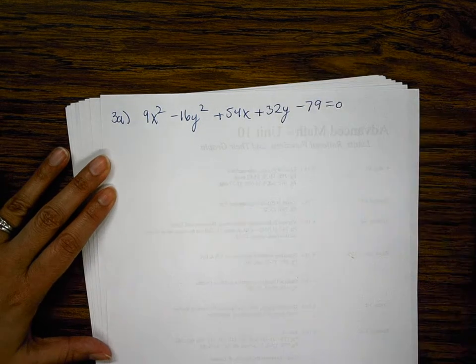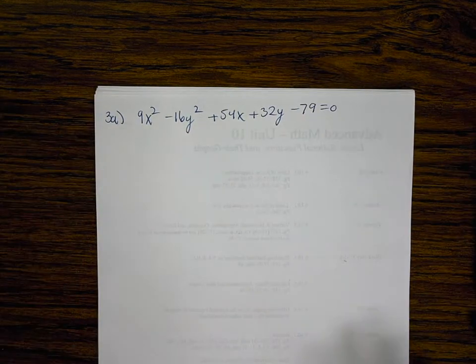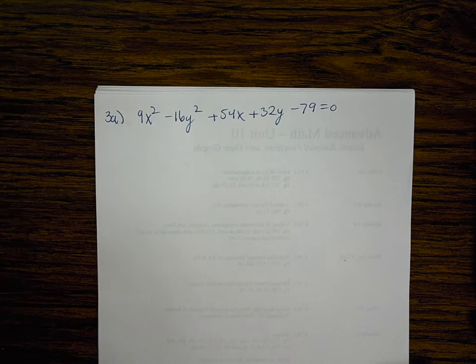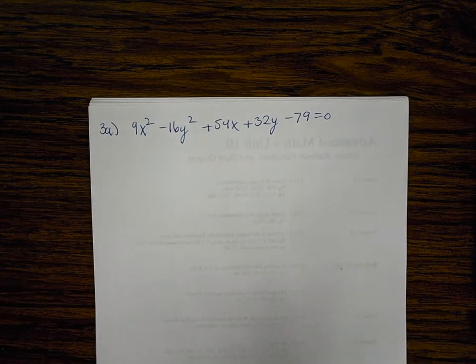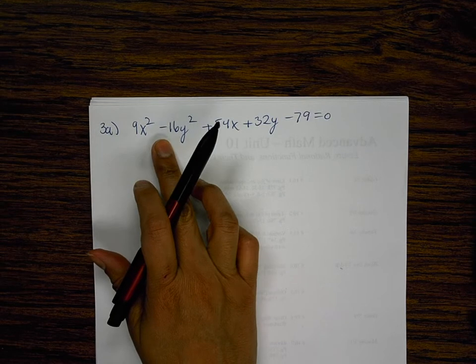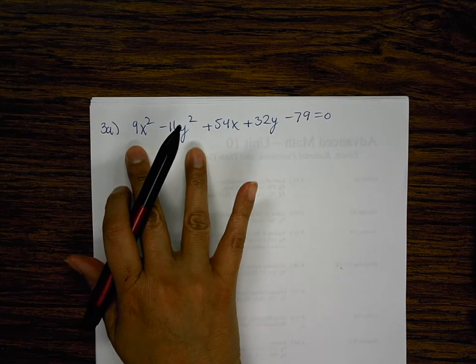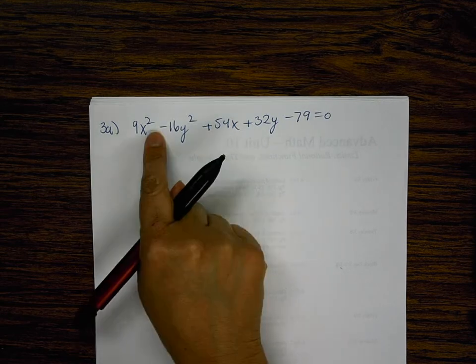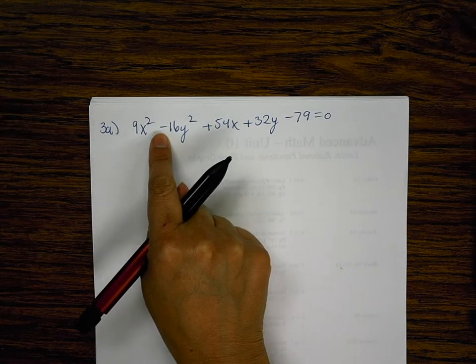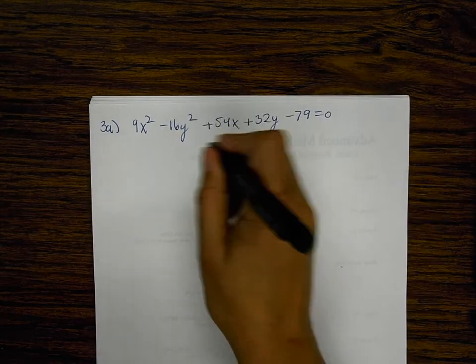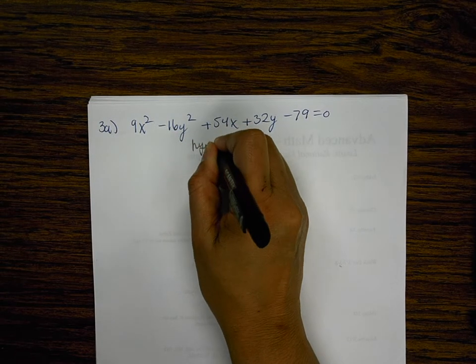All right, what they're asking you for here is to convert to standard form. All right, easy enough. Now I'm doing this one because kids struggle with that minus sign. So first off, identify the shape first. There's 2 squares. I know it's not a parabola. Automatically, if there's a minus sign on one of them, it's automatically a hyperbola. So before going any further, it is a hyperbola.